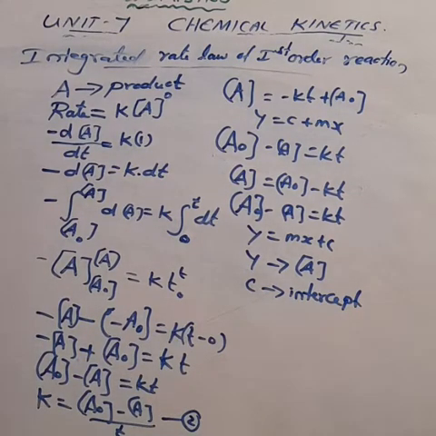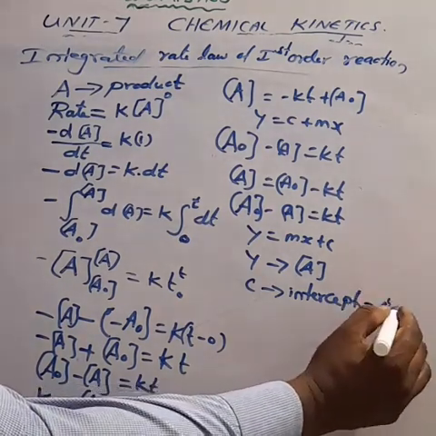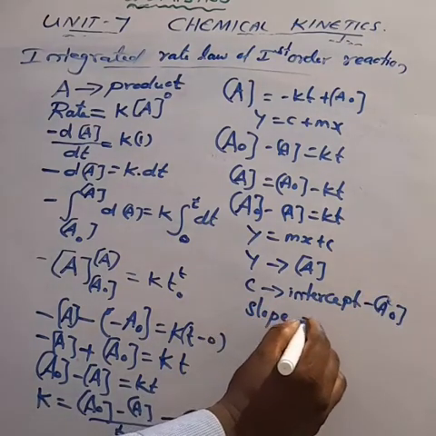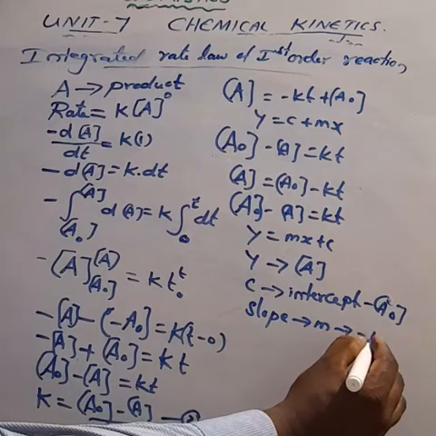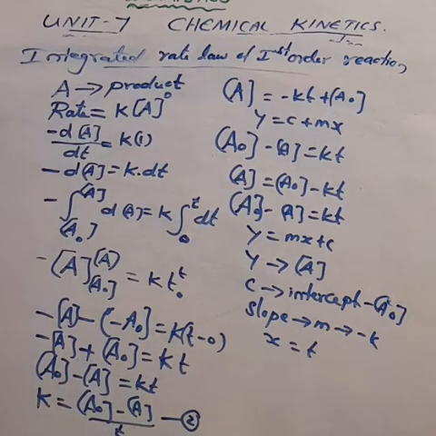Intercept C gives the A naught concentration. Slope means m, that is equal to minus k. X is equal to t. Please mark that graph also.